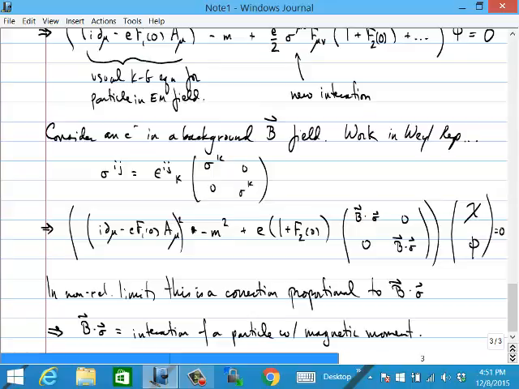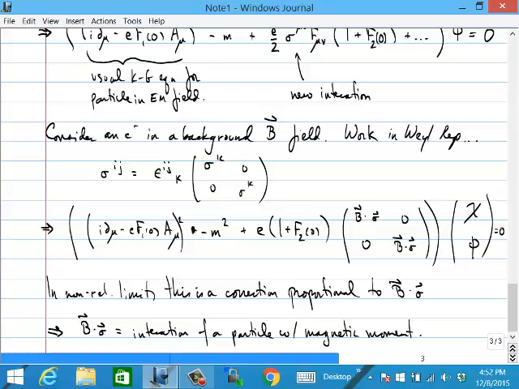Because of the Lorentz force law, there's a velocity in there somewhere, v cross B. So if you have a charged particle and you turn on a magnetic field, nothing happens if that particle is just sitting there.